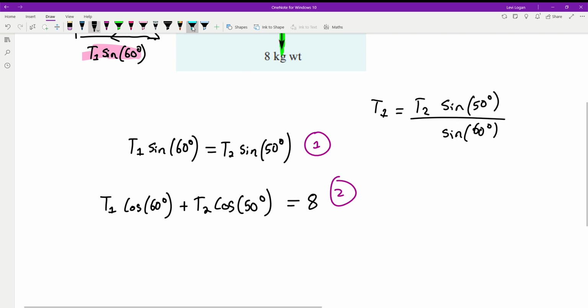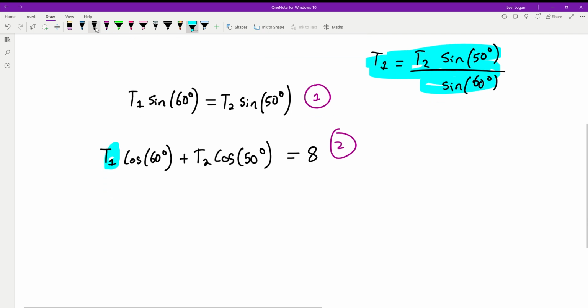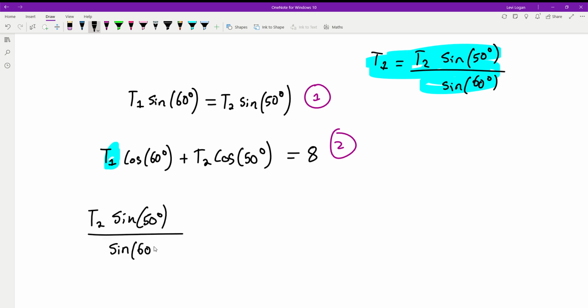Then I'm going to substitute this into where T1 is. So we get T2 sine of 50 degrees over sine of 60 degrees times cos of 60 degrees plus T2 cos of 50 degrees equals 8.